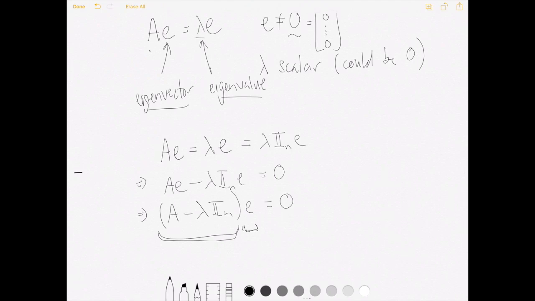Okay, so we can say that the determinant of A minus lambda I n equals 0. And that gives us what's known as the characteristic polynomial.